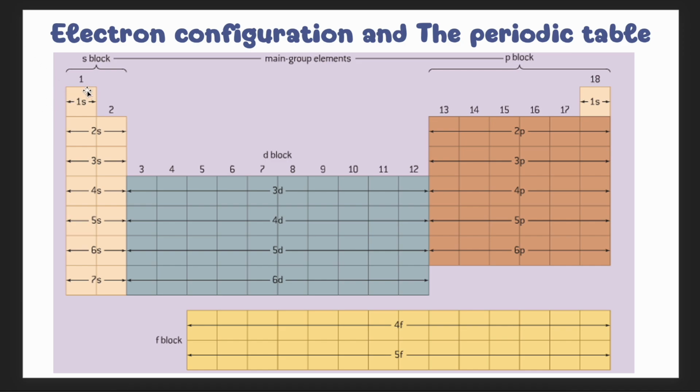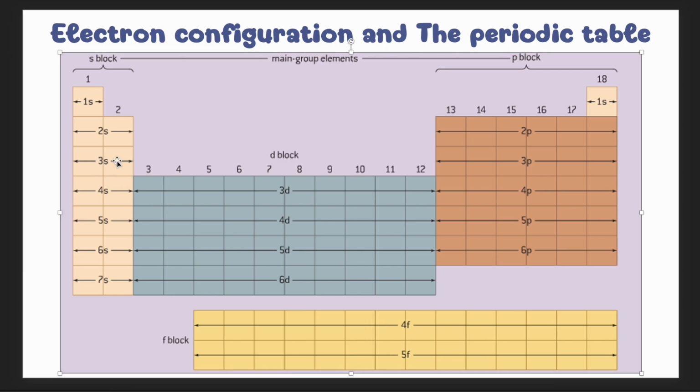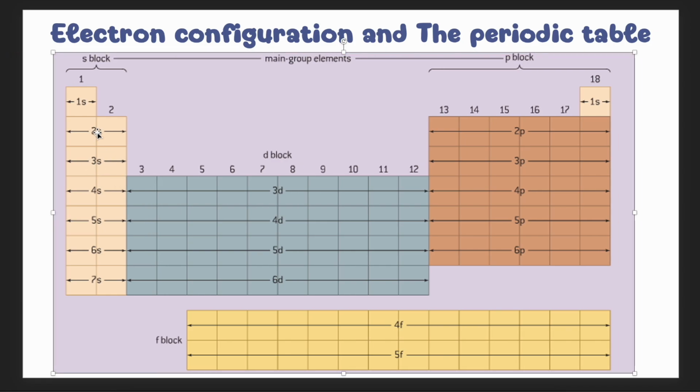Period 1, so 1s2, 2s2, 2p6, 1 2 3 4 5 6, 2p6, and then 3s2. Then 3p6 and 4s2, 3d10, 1 2 3 4 5 6 7 8 9 10, and 4p6, that way.